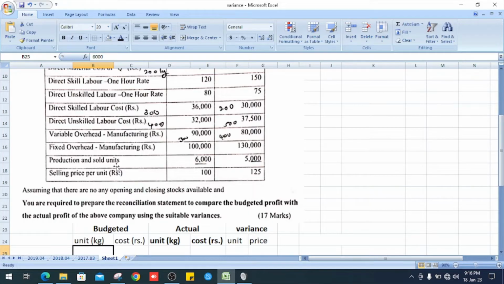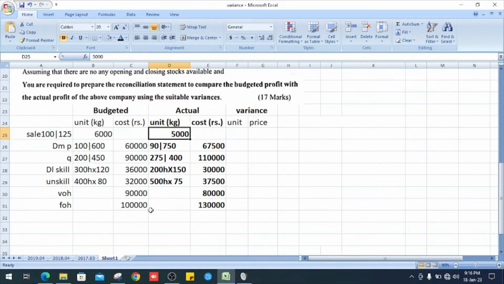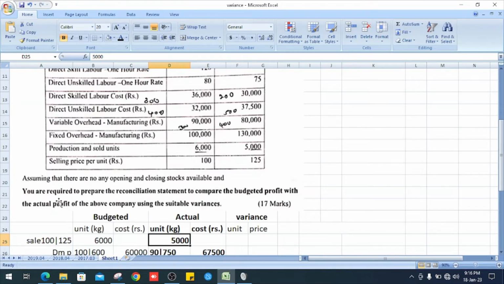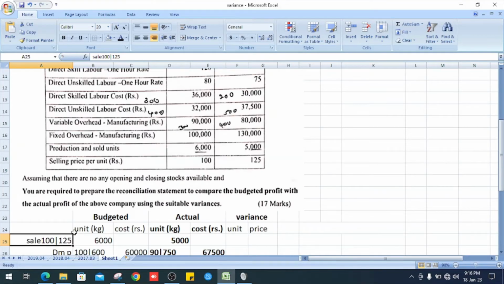Production and sold units are 6,000 and 5,000. Selling price per unit is 100 budgeted, but actually we sold it at 125.